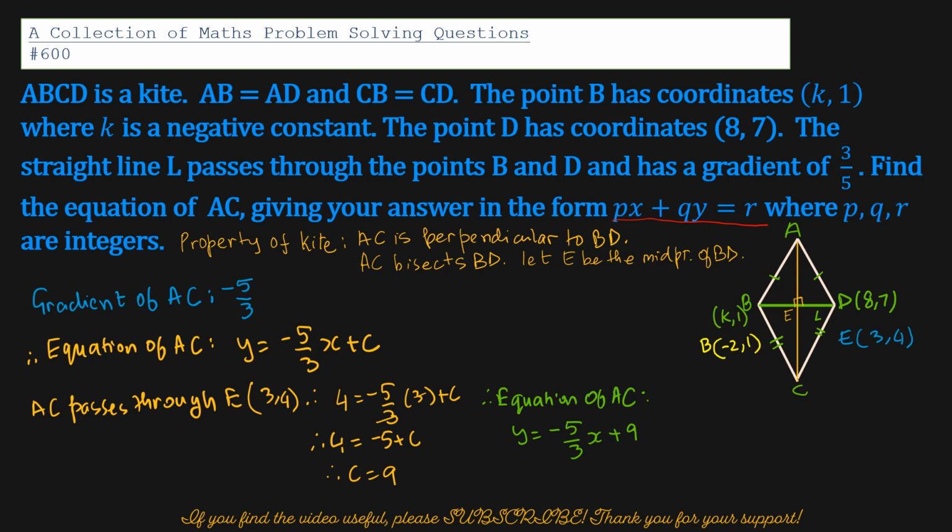So if you multiply it throughout by 3, you'd get 3y equals minus 5x plus 27, and then bringing minus 5x to the left hand side, it would be 5x plus 3y equals 27, which is of the format px plus qy equals r. So our answer, the equation of AC, is 5x plus 3y equals 27.